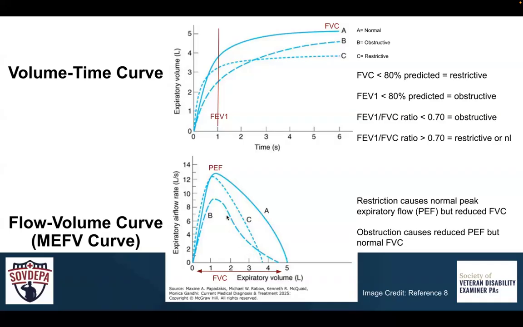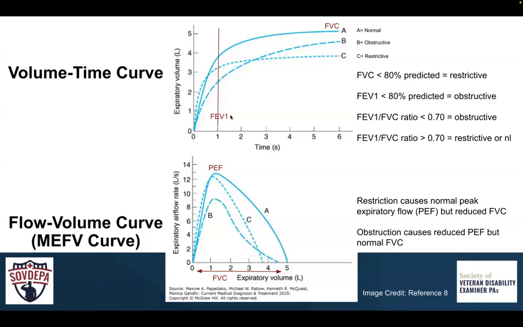This descending limb of the expiratory flow volume curve reflects pathological reduction in airflow due to the obstruction, which disproportionately reduces the FEV1 compared to the FVC, resulting in a low FEV1 to FVC ratio. Just as a caveat, the FEV1 cannot be calculated from a flow volume curve. It can only be calculated from a volume time curve.